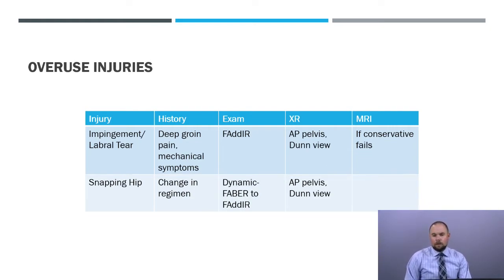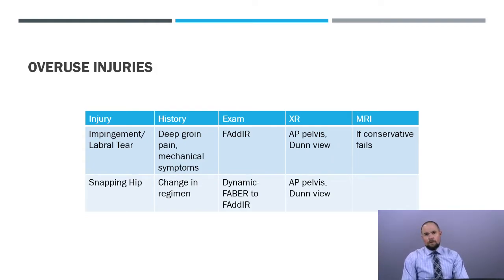Typical evaluation would include an AP pelvis, and then specifically to look for impingement, you'd want to get what they call a Dunn view, which lets you look at the femoral neck and the acetabular ring, so you can see if there's a cam or a pincer lesion. Typically with impingement, we're talking about a cam lesion.